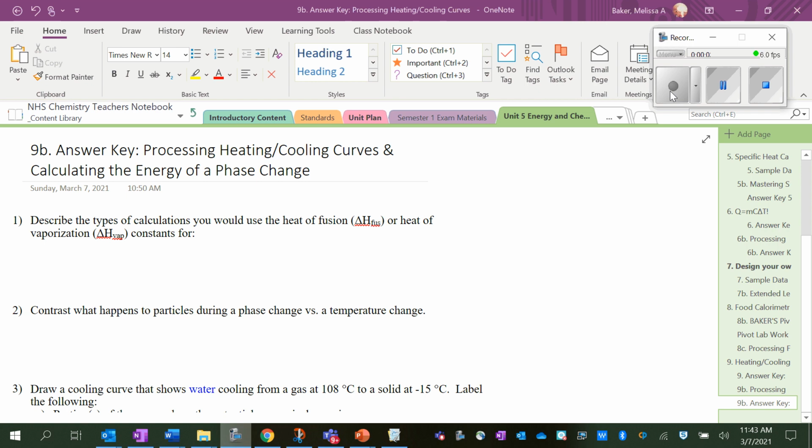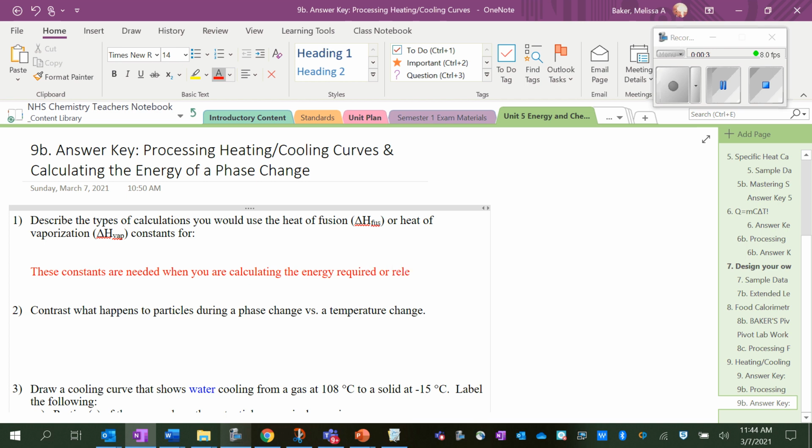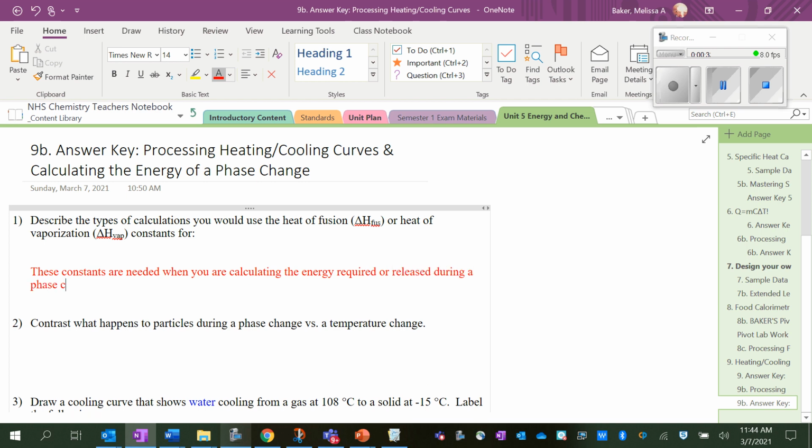All right, let's talk about processing heating and cooling curves and calculating the energy of a phase change. So in the first place, when do you even use these heat of fusion or heat of vaporization constants? What kinds of calculations? These constants are needed when you are calculating the energy required or released during a phase change.